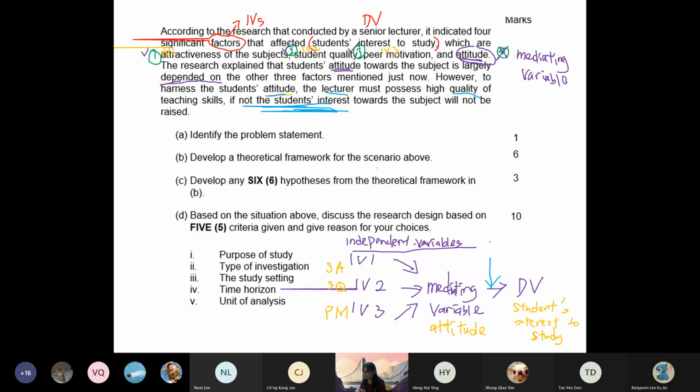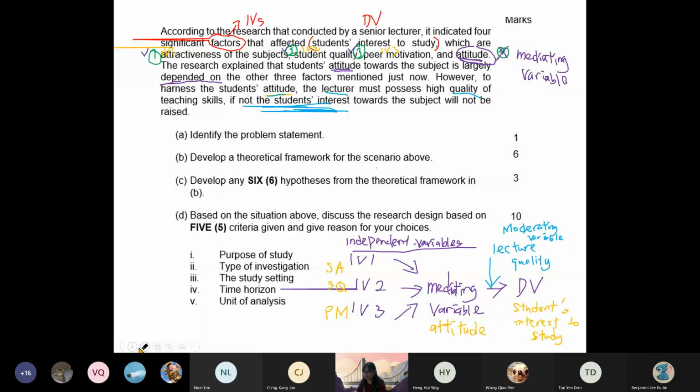Then you need to mention this is a moderating variable. Remember, with an S or without an S. To represent this, so you can understand this question.